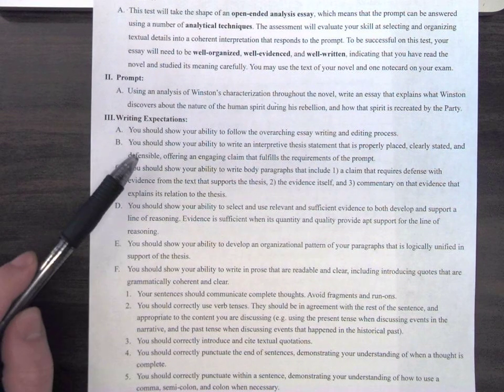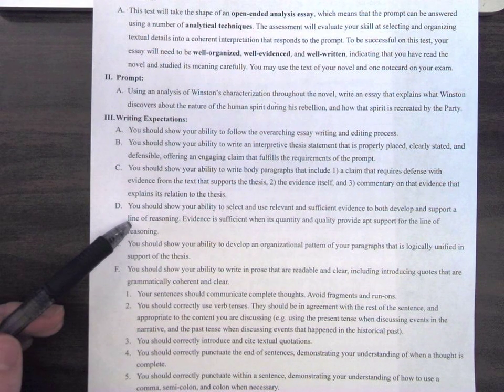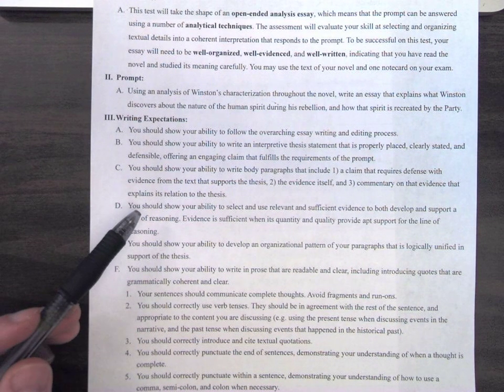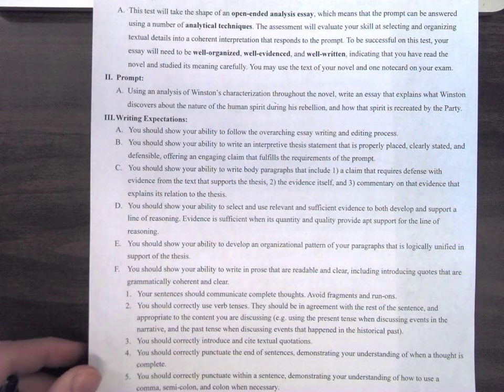That includes your ability to write and interpret a thesis statement that answers the prompt clearly, your ability to construct body paragraphs that include claims that are defended with evidence from the text, and commentary that analyzes how that evidence supports your larger interpretive claim. You need to show your ability to select relevant, correct, sufficient evidence from the text.